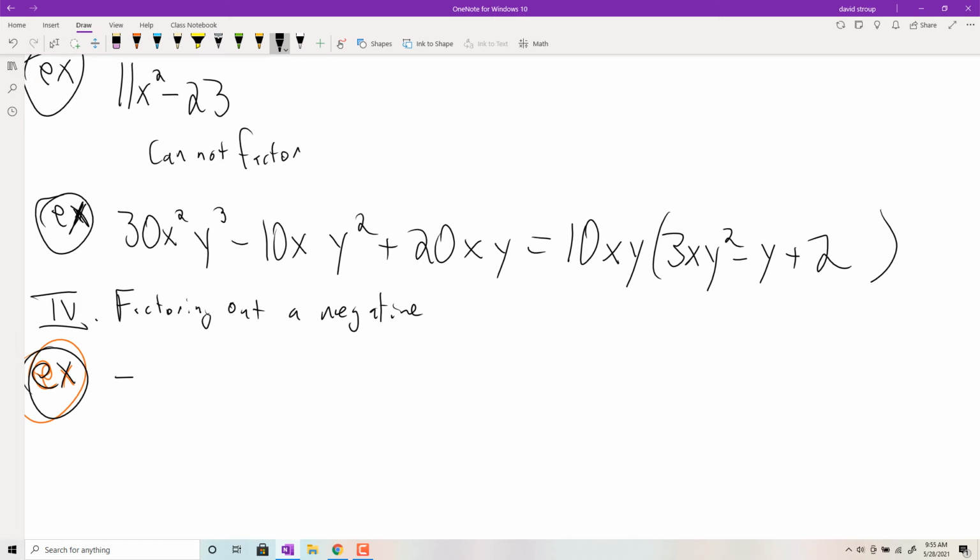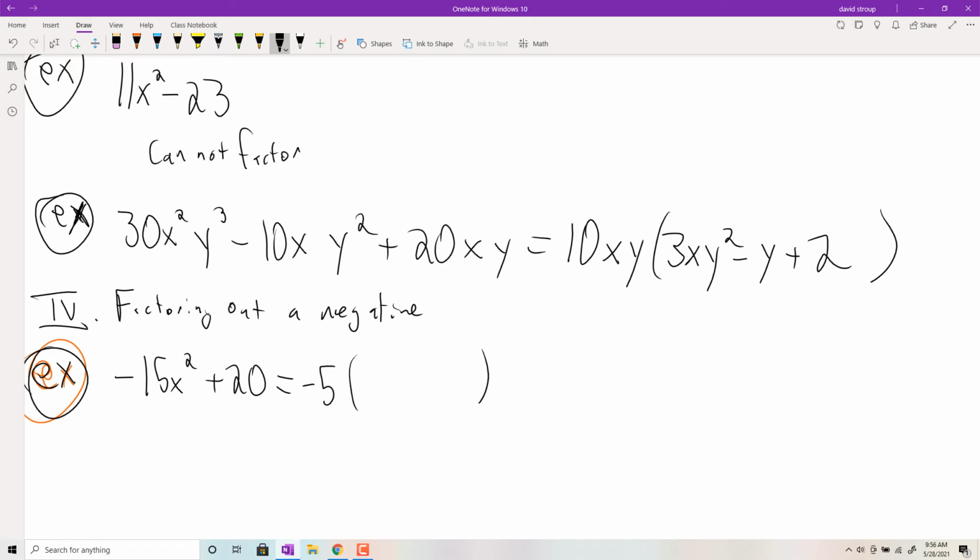Okay, so let's say I have negative 15x squared plus 20. It's kind of business as usual. I'm going to factor out the GCF. So the number that goes into both of these will be 5. There's no variable that will divide into both evenly. And then I'm just going to tack on a negative.